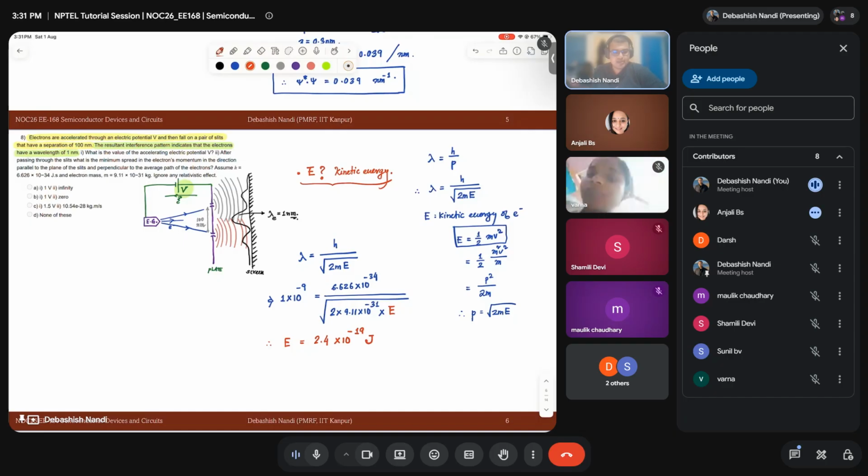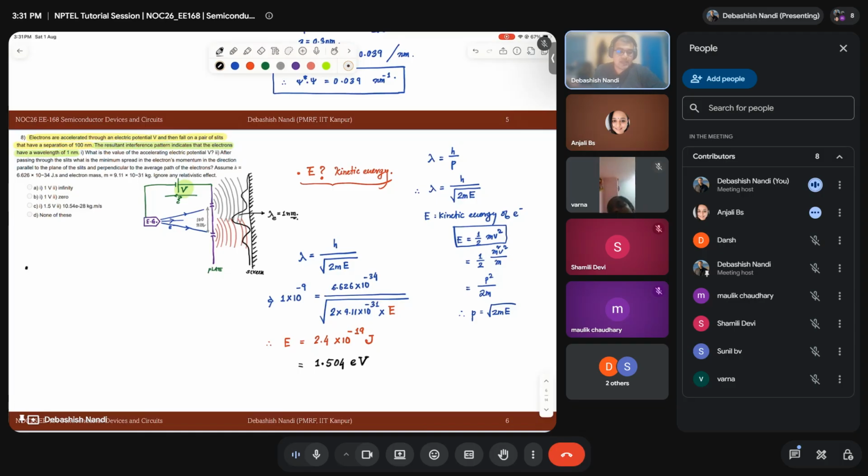Do you understand what electron volt represents? Let's first convert it to electron volt: divide by 1.602 into 10 raised to minus 19. So this will become 1.504 electron volt. So what will be the voltage from this?